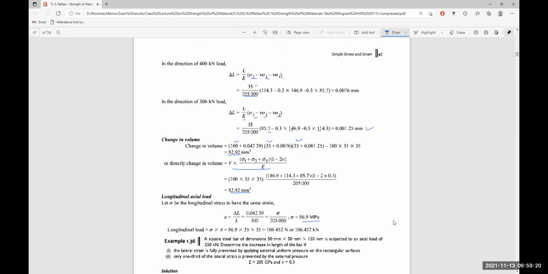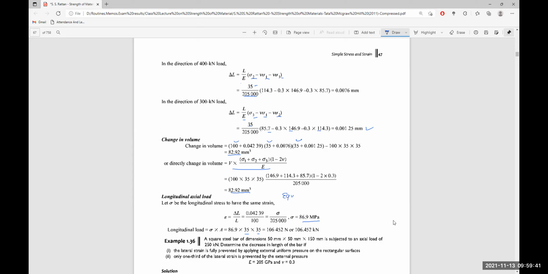If we multiply by the cross-sectional area, 86.9 into 35 into 35, we get the longitudinal load of 106.452 kilonewton.